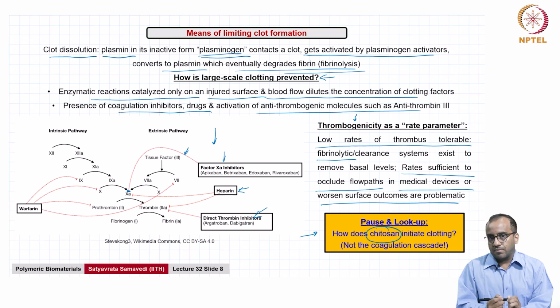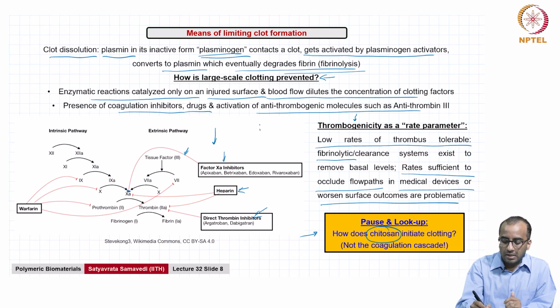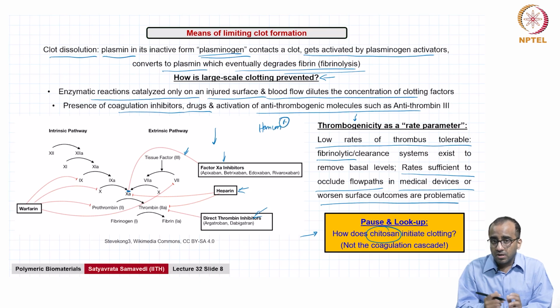Now, one thing I would encourage you to pause and look up right now is we have looked at chitosan earlier, in the context of hemostatic dressings. If you remember, Hemcon was used in the Iraq war as bandages that could immediately prevent blood loss through specific mechanisms. Now, one thing I would like you to pause and look up is how does chitosan exert its effects?